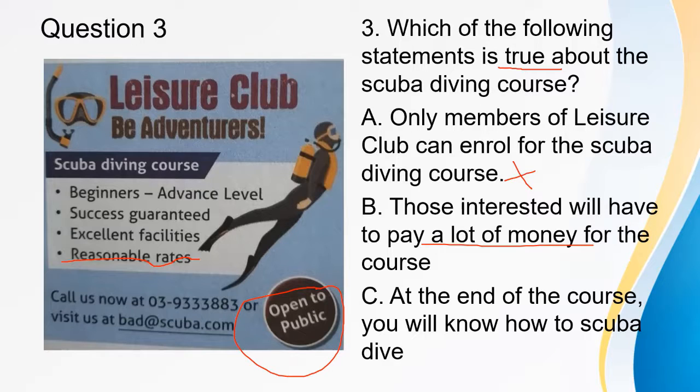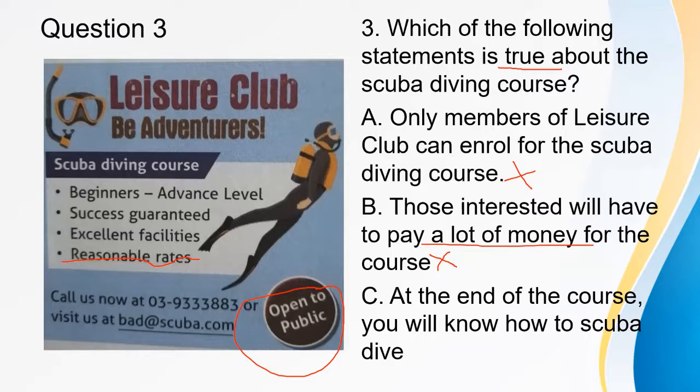What does reasonable rates mean? Reasonable means affordable. You can pay for it. So if you are interested to join the course, you do not need to pay a lot of money. So statement B is also wrong.